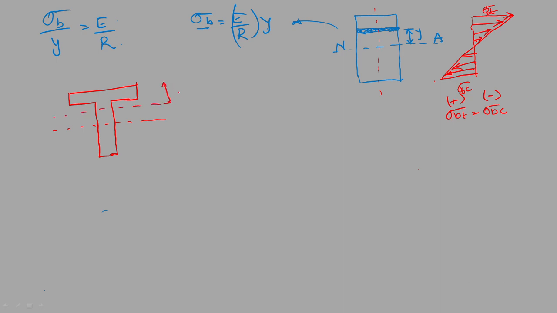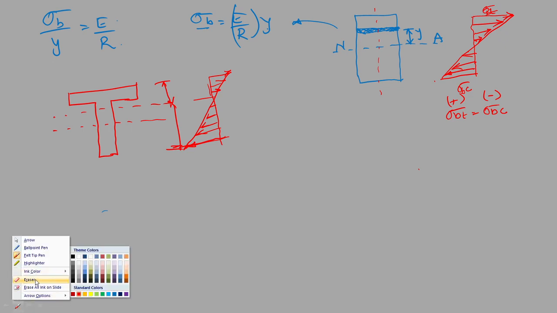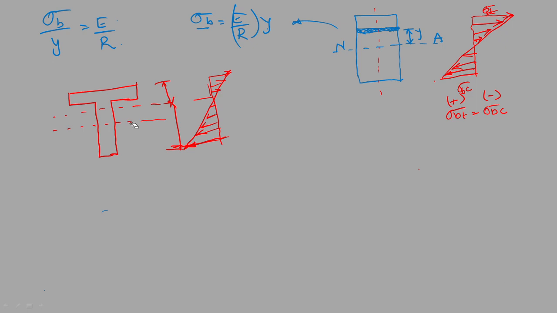In that case, what happens? The bottom surface is subjected to maximum stress. The top surface is subjected to a lesser amount of stress. Clear? This is an unsymmetrical section about the horizontal axis.